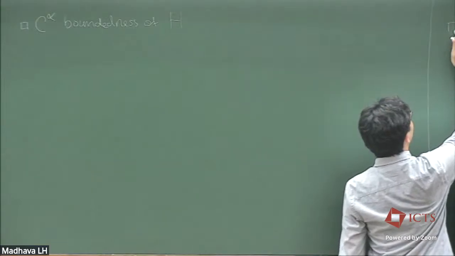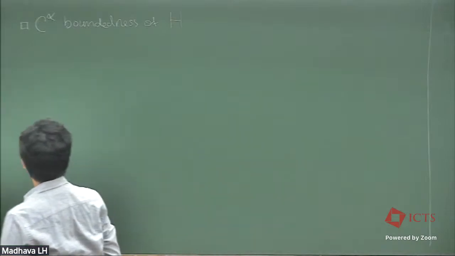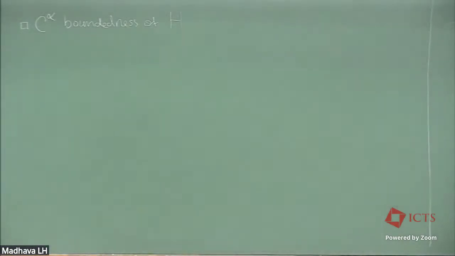Strictly speaking, that is necessary for C alpha boundedness. But let me just do it first. Okay. So what's the claim?